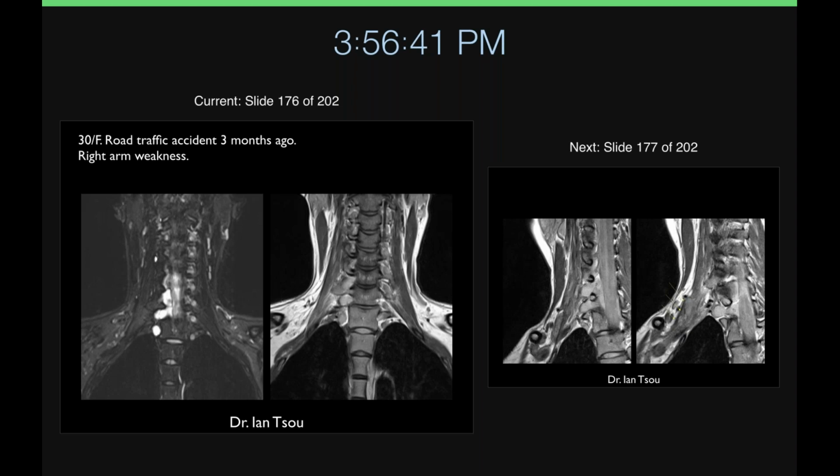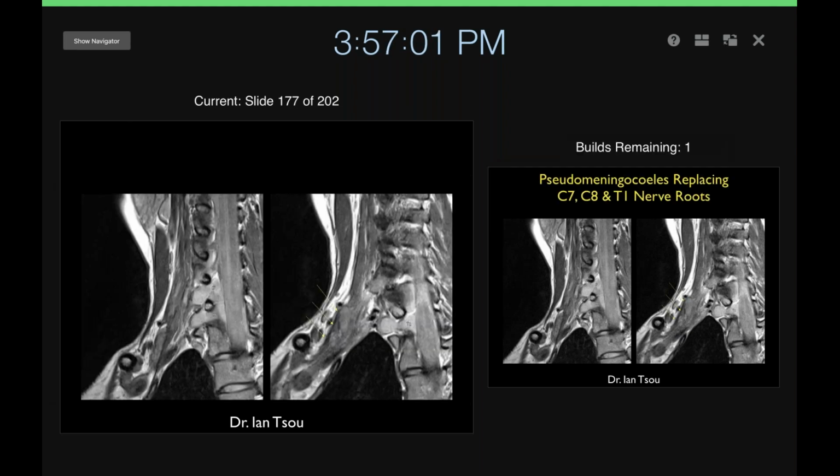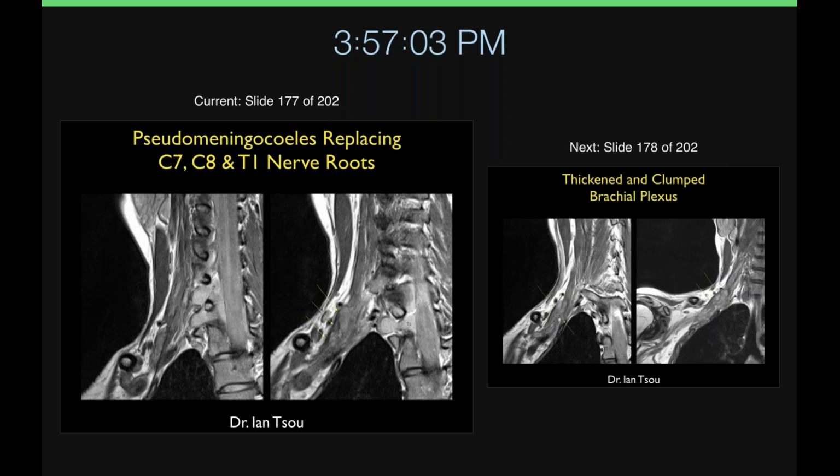Okay, next. So coronal images through the cervical spine again. It seems like CSF areas on the right side, so multiple avulsions. You see them coming out on the one side, but not on the other side. Those are just pseudomeningoceles replacing the nerve roots.